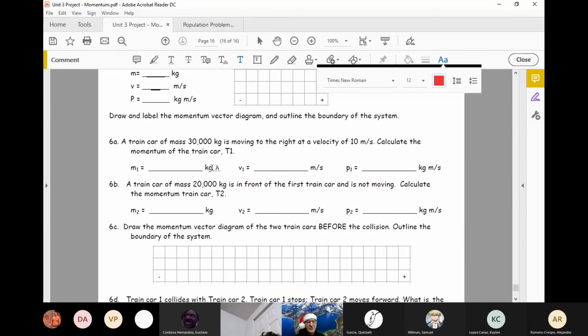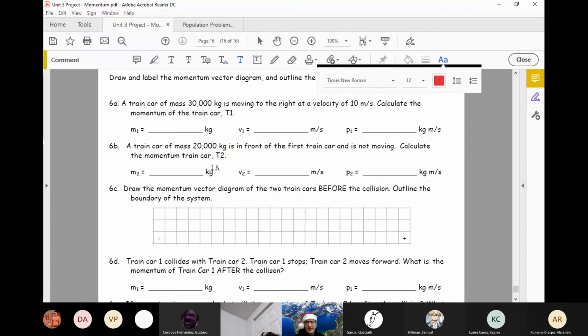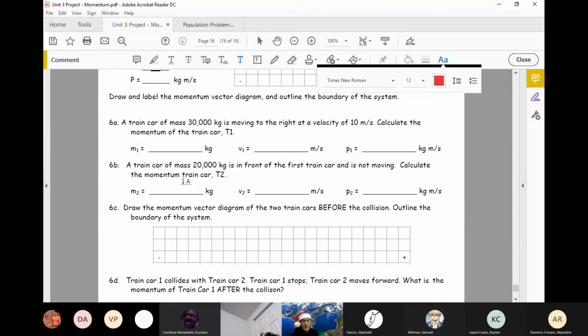But then number 6 gets to be tricky. So let's look at that together before I turn you loose. First of all, let me just point out 6A, you're finding the momentum of a train. Train number 1, which we can call T1, has mass 1, velocity 1, and momentum 1.